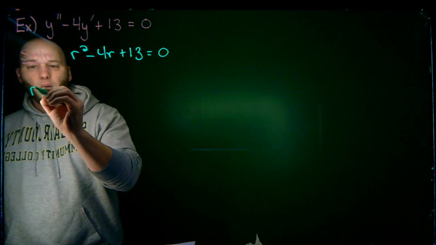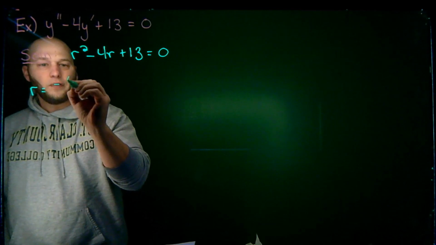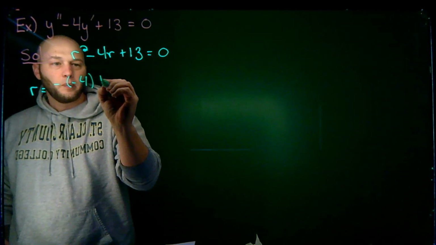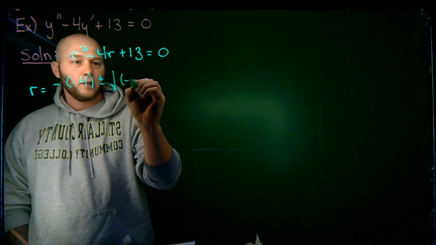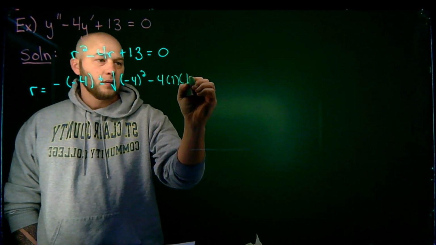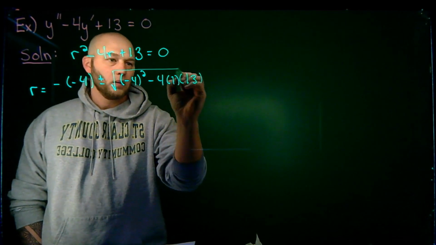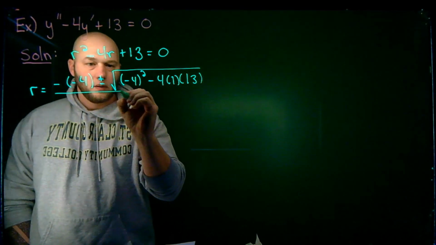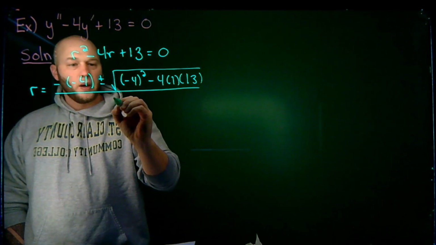r would be equal to negative b plus or minus the square root of b squared minus 4 times a times c, all over 2a, so 2 times 1.